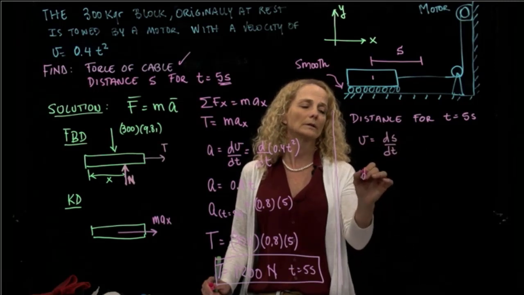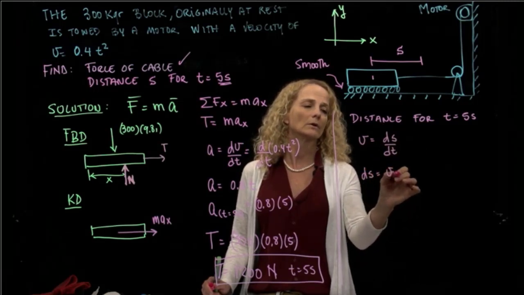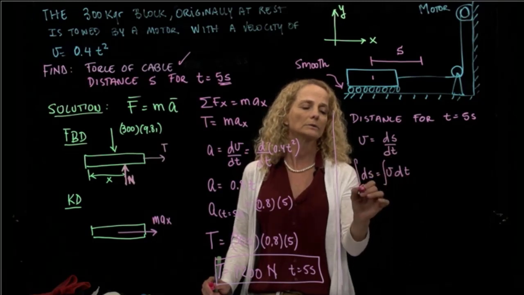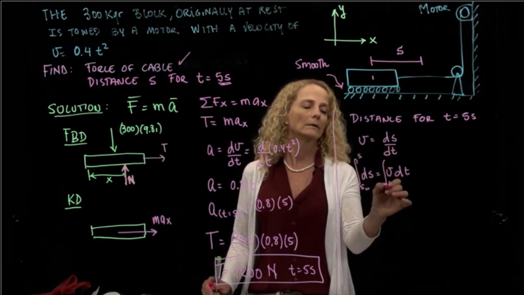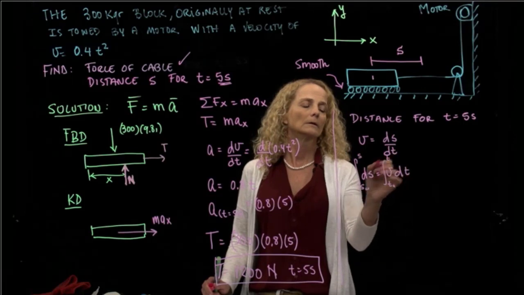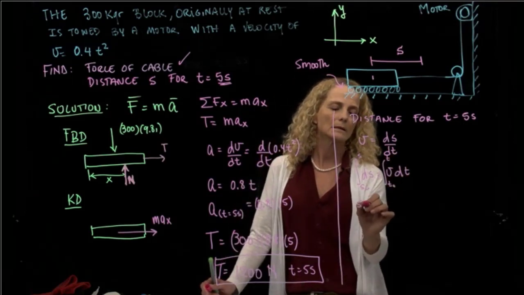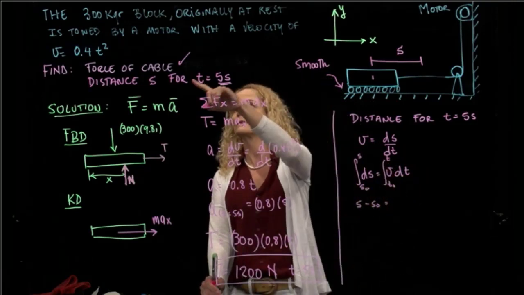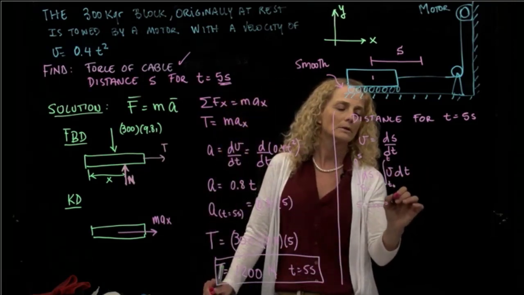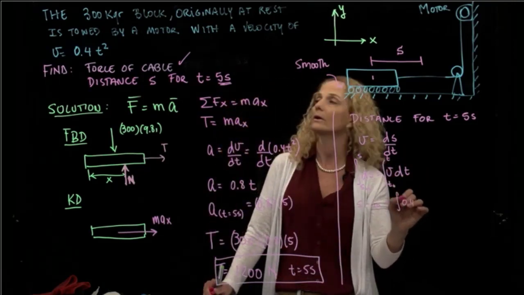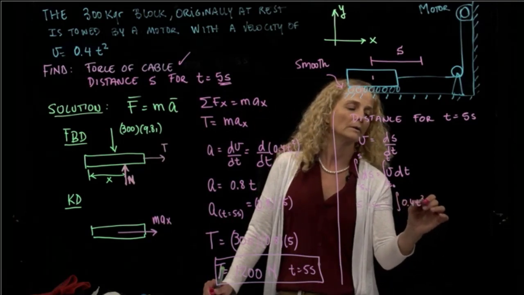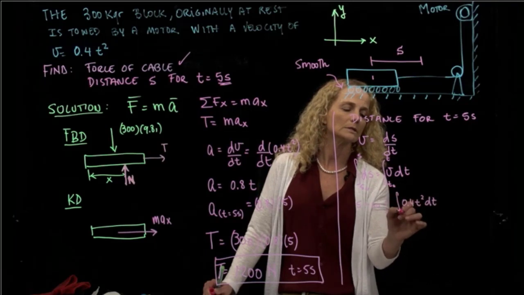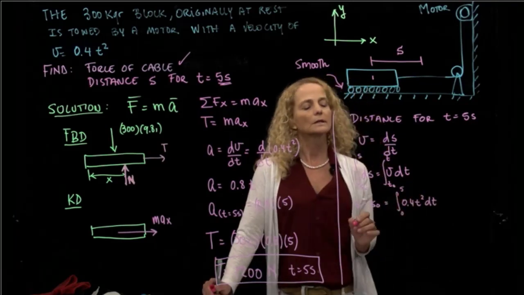So we know that our distance will be equal to the integral of the velocity, and we integrate both sides of the equation, and we get that S minus S0 is equal to the integral of the expression of the velocity, 0.4t squared dt, from t equals 0 to 5 seconds.